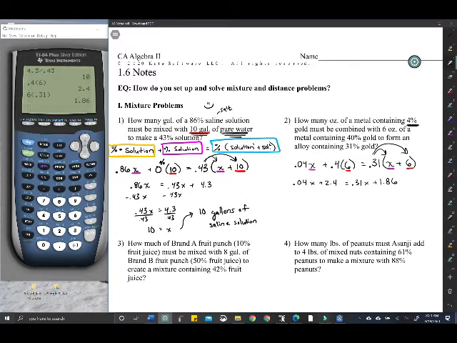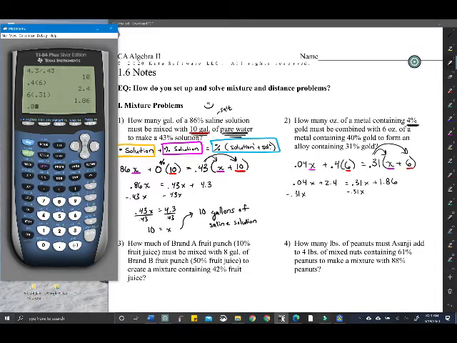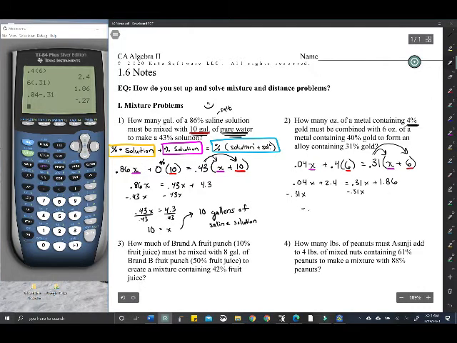Now just be careful with like terms. I'm going to subtract 0.31x. So 0.04 minus 0.31, and that gives me negative 0.27x.